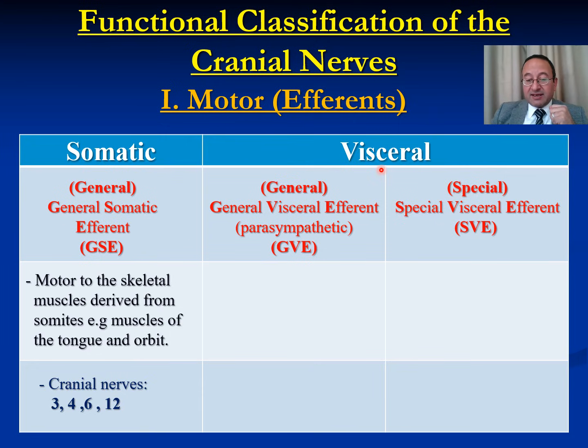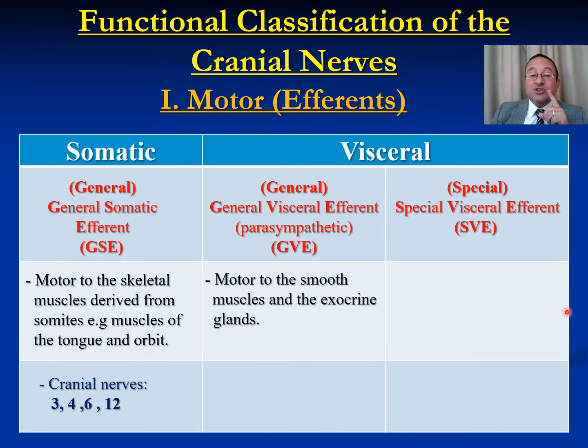What about the visceral? I start with general visceral efferent. It is those containing parasympathetic fibers. They supply the smooth muscles and the endocrine glands.